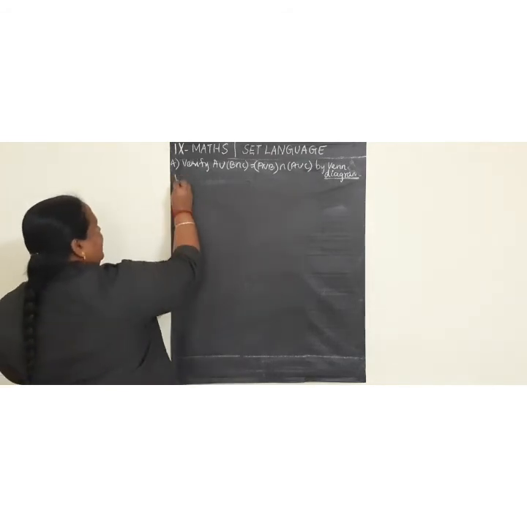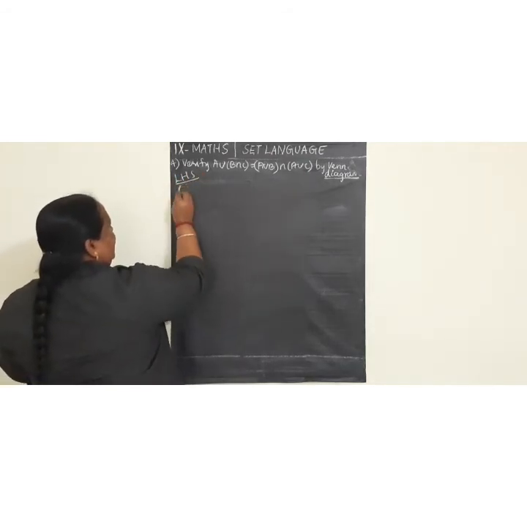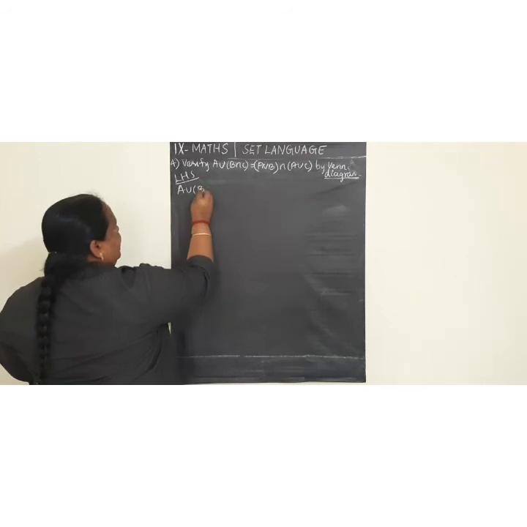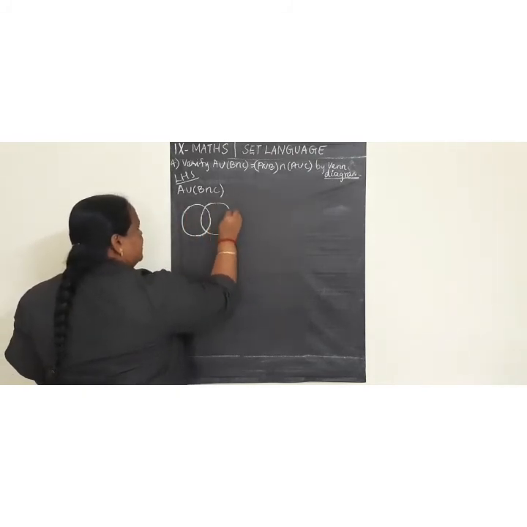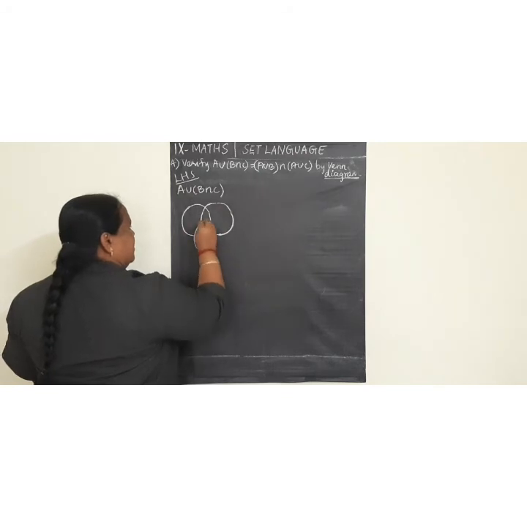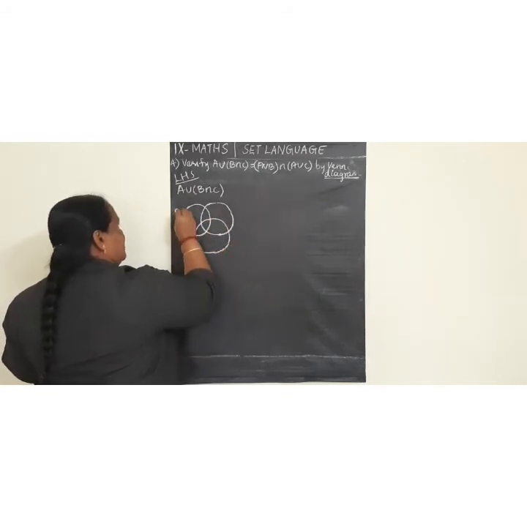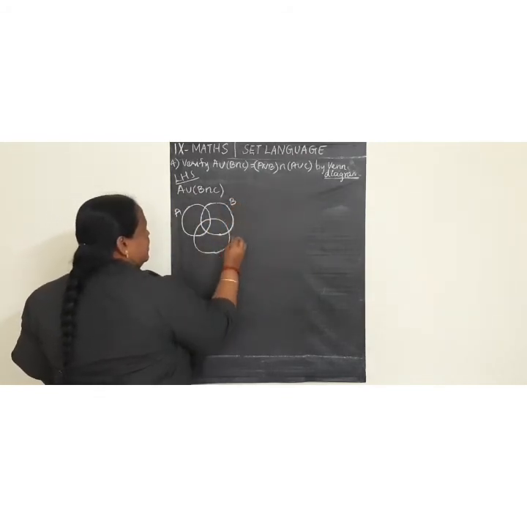So first take LHS side A union B intersection C. So first we have to find B intersection C. So for that one set A, set B, set C. So this is set A, set B, set C.